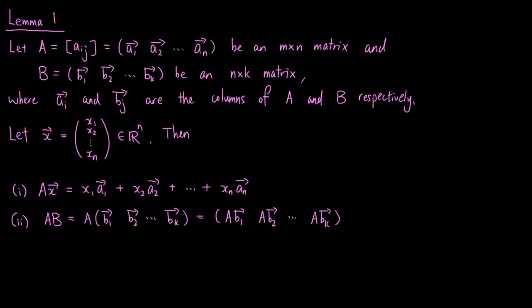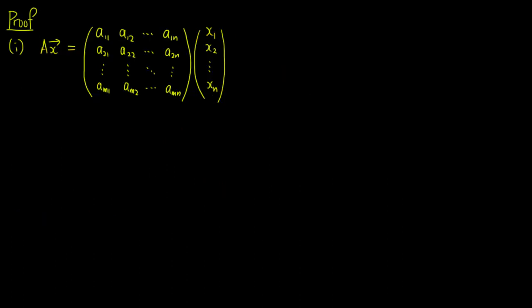For the first point, A times X is equal to the matrix A11, A12 up to A1n, A21, A22 up to A2n, and so on, until AM1, AM2 up to AMn, times the vector x1, x2 up to xn.